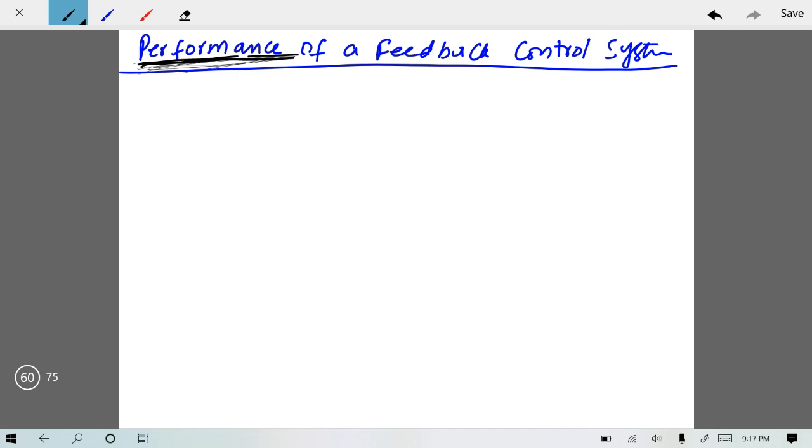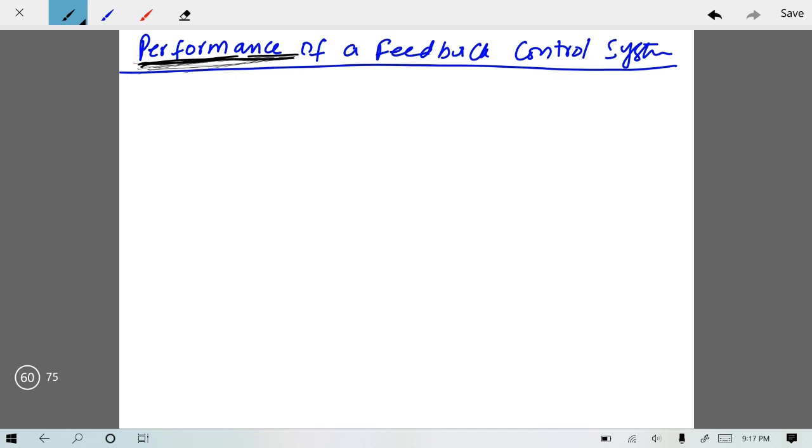So to define the performance of a system, we must have some measurable criteria at hand. For example, the performance of a student in the class is measurable with the help of grades, and the performance of a student in the field is measurable with the help of the score he makes. So the performance should be in terms of some variable or some criteria.